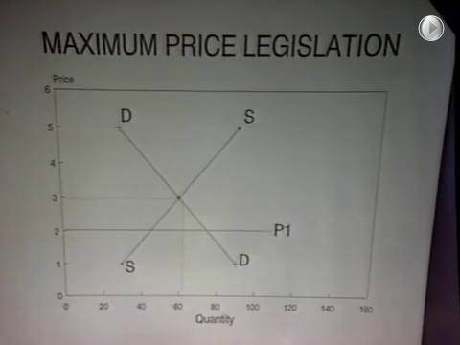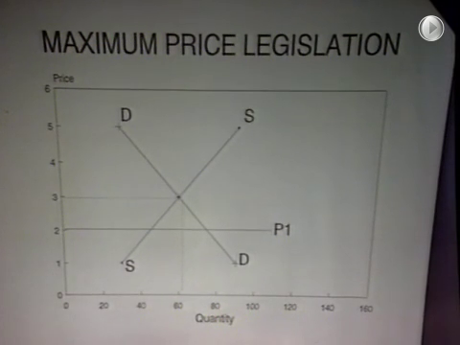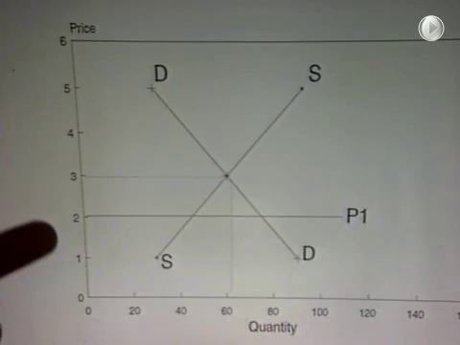Now here we have our supply curve sloping upwards, our demand curve sloping downwards, which would potentially give us an equilibrium price at the intersection and an equilibrium quantity. The government imposes a maximum price for this good, which is actually lower than that market clearing price.